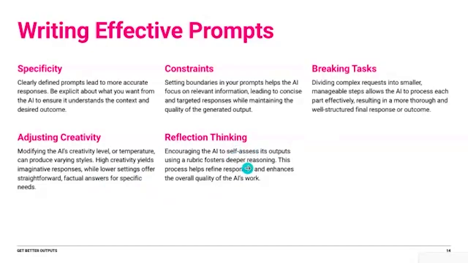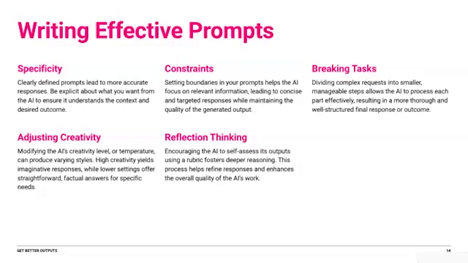So let's see. And then there's another portion. It's called reflection thinking. Now, this is a little bit more advanced, because we never really think about AI thinking for itself. Now, we have a new way to help refine its responses, have it reflect on what it's outputting to you, and help produce better quality.